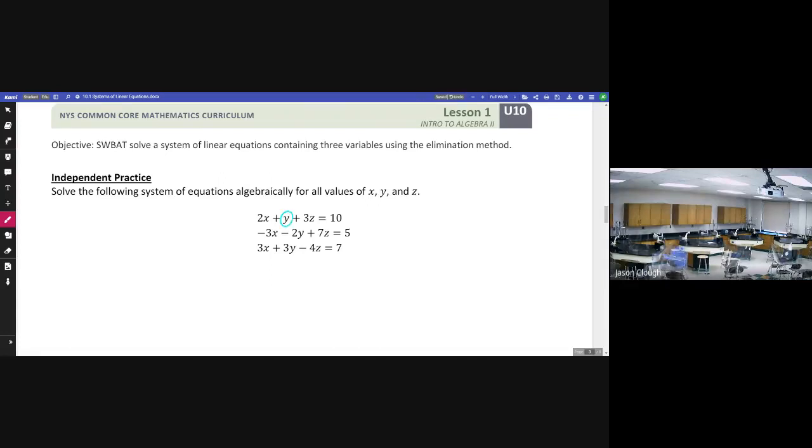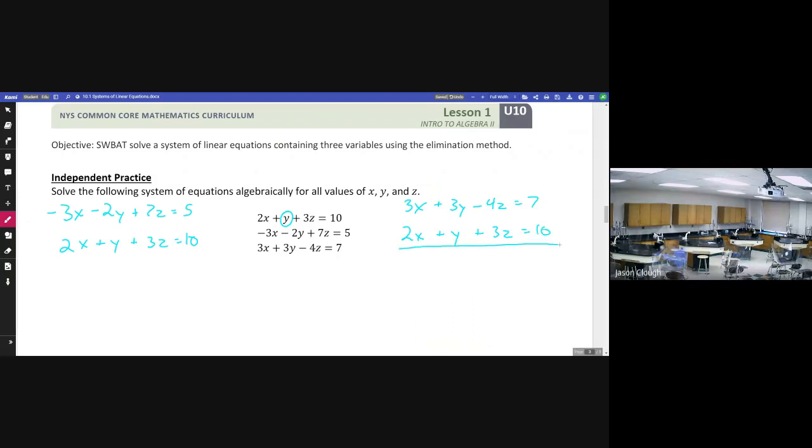So my recommendations for the two pairs would be 3x minus 2y plus 7z equals 5, and 2x plus y plus 3z equals 10. And then the other one would be 3x plus 3y minus 4z equals 7, and 2x plus y plus 3z equals 10.